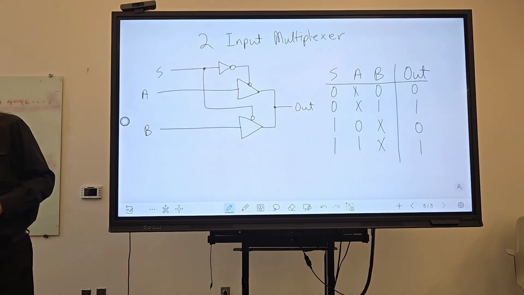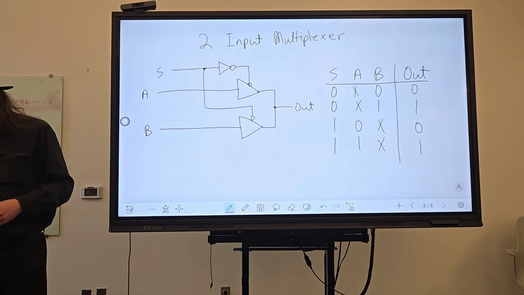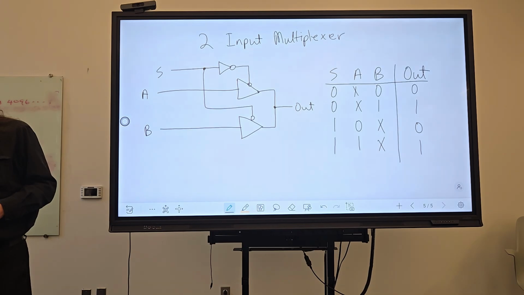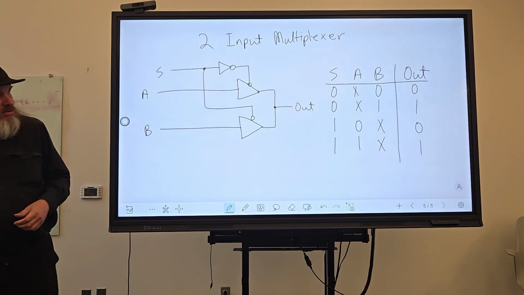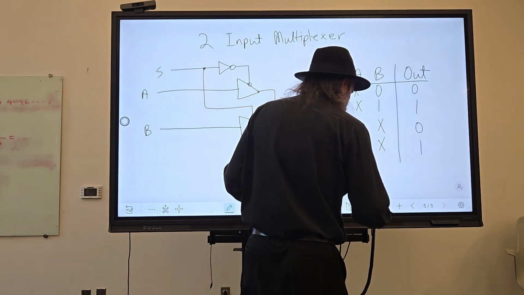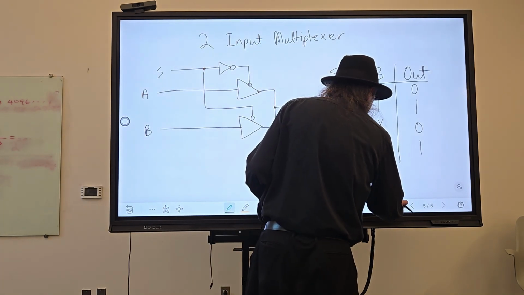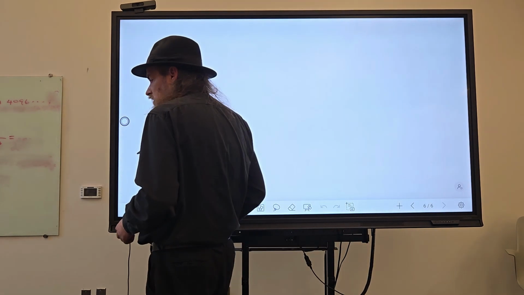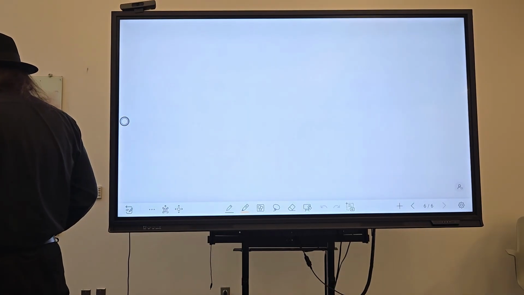A little bit of a review on Boolean algebra.